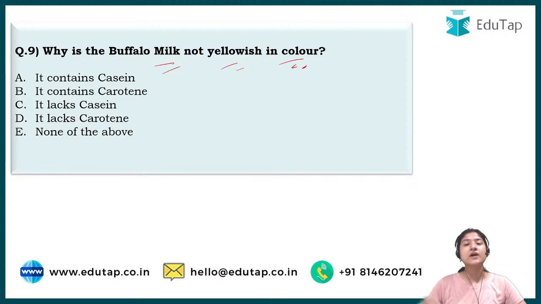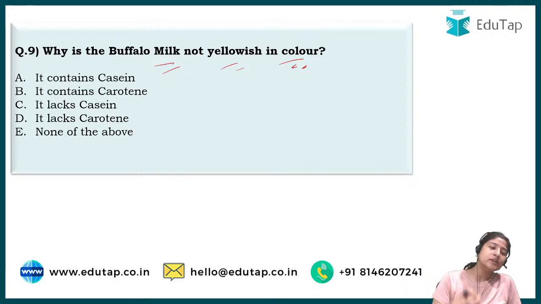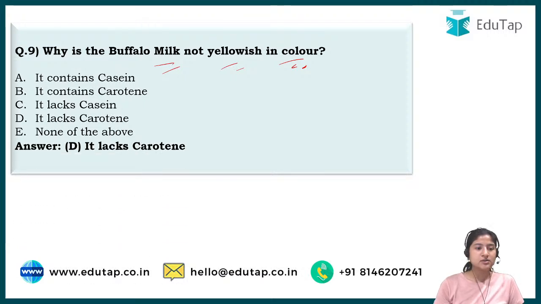If the question were asked why the color of cow's milk is yellow, then it would have been the opposite answer to what is written here, but the same component is present. So the correct answer is option D, that is it lacks carotene. Carotene, this pigment, gives yellow color to the milk. In cow's milk it is present, but in buffalo's milk it is absent.